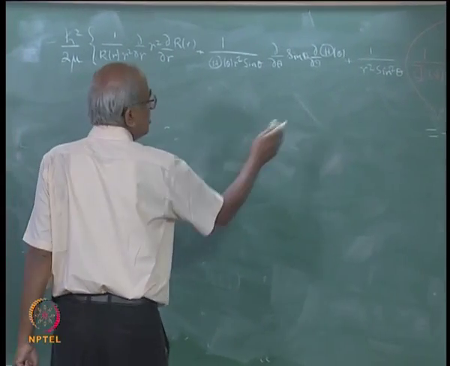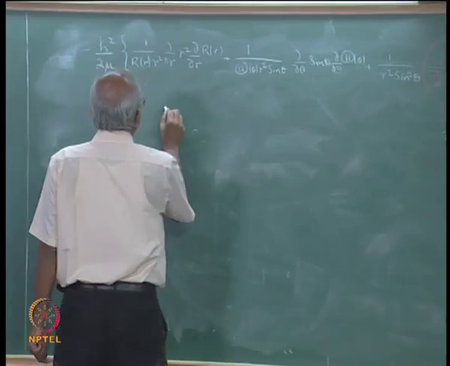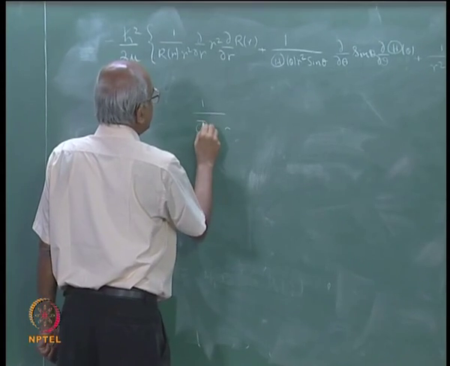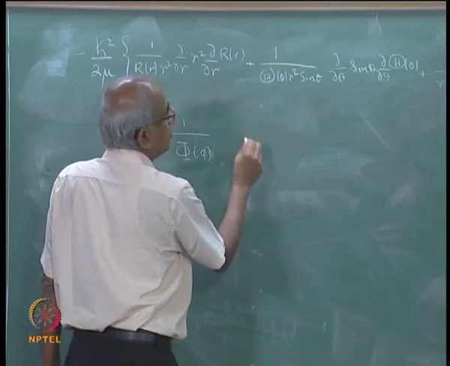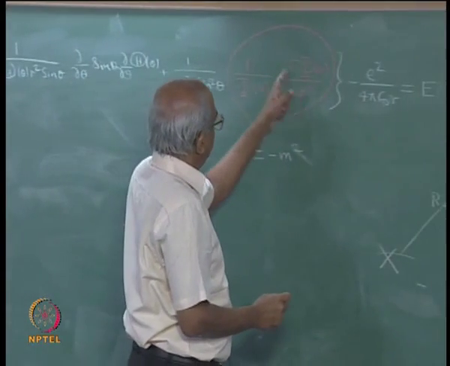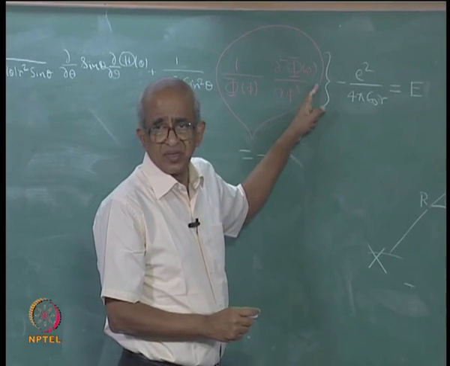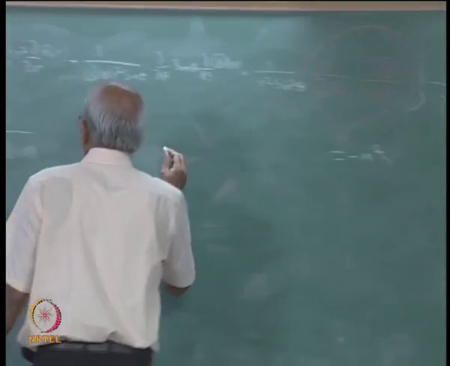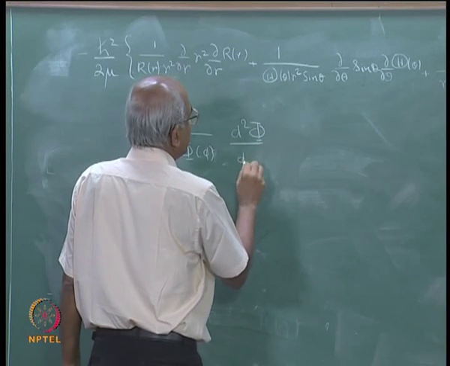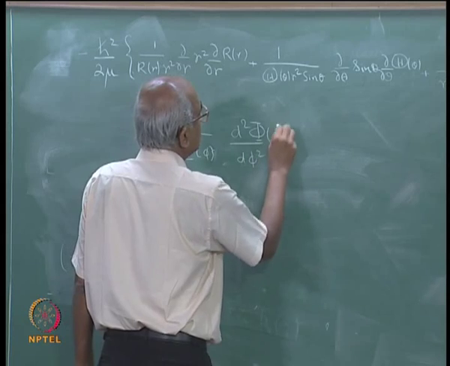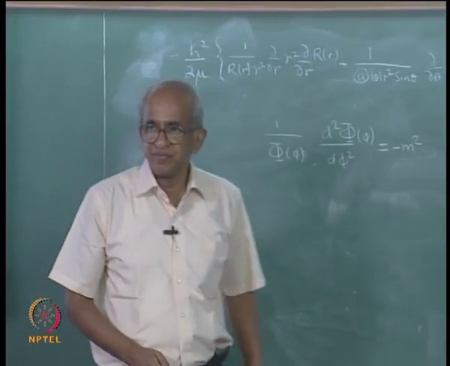Conclusion is this object has to be equal to minus m square, which actually tells me that 1 by capital Phi of phi, well, it is not really necessary to use partial derivative notation here, because capital Phi depends only upon small phi. So I could have written this as d square capital Phi by d phi square is equal to minus m square as the equation that I get.